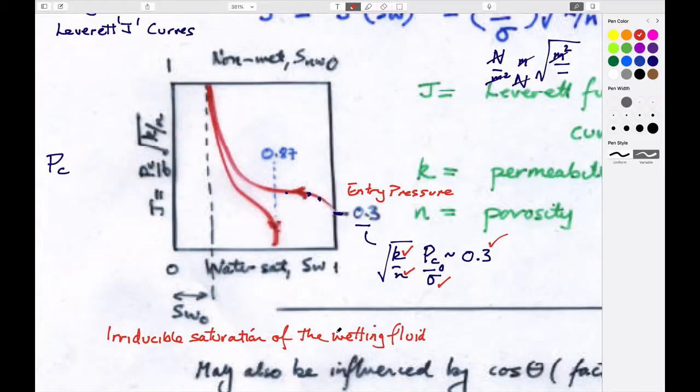If I draw down this thing here, this is the irreducible saturation of the non-wetting fluid.